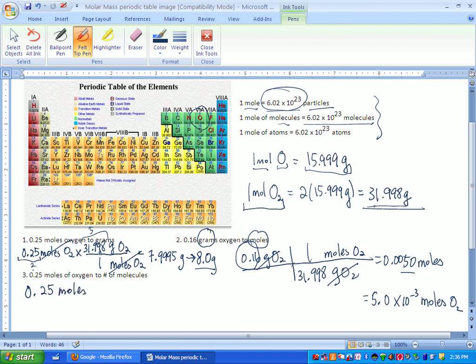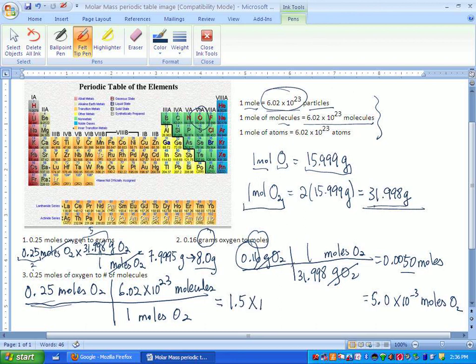So if you use that relationship, you start with 0.25 moles of O2, just like how you start out with what they give you. And we'll set up the table again. And you know that 1 mole of oxygen, if you look here, 1 mole of oxygen is 6.02 times 10 to the 23rd molecules.